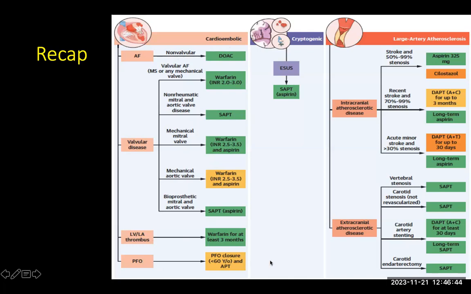If you have a PFO, I didn't go into specific etiologies, but for PFO, you need closure. Cryptogenic strokes, you still just do single antiplatelet. For extracranial atherosclerosis, if it's more than 50%, you revascularize with either stent or CEA. Intracranial atherosclerosis, more than 70%, you do DAPT, but less than 70%, you do just single antiplatelet.